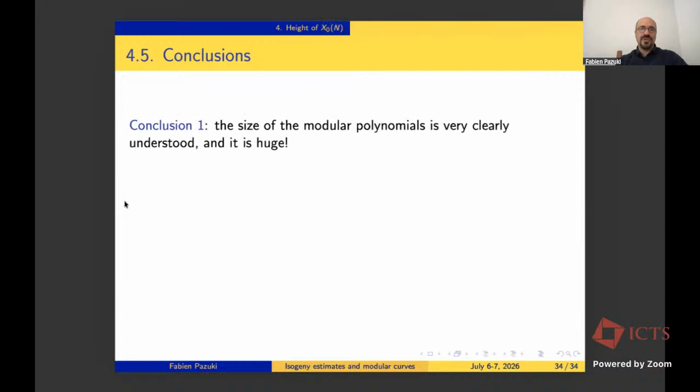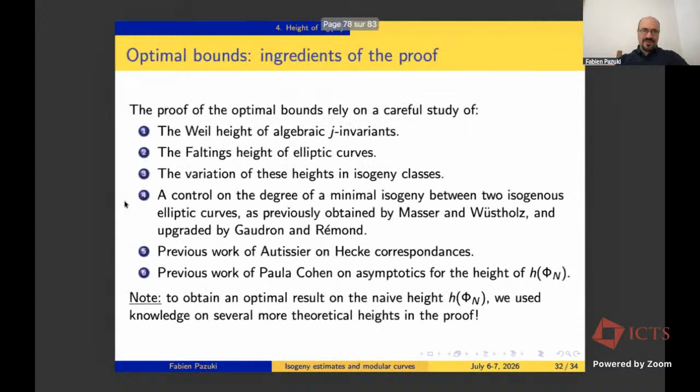So first conclusion, the size of the modular polynomials is very clearly understood because we have this comparison with the main terms on both sides. But maybe the number one thing we should say, and of course it was already known by people who compute these things explicitly, is that the size is huge. Look at this.